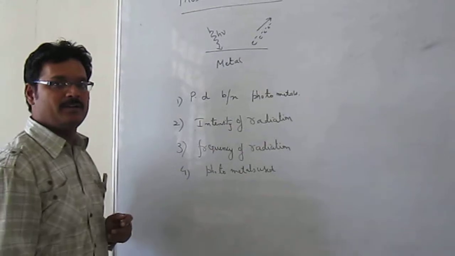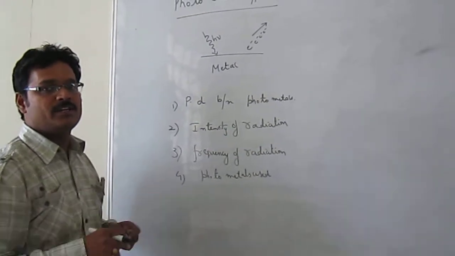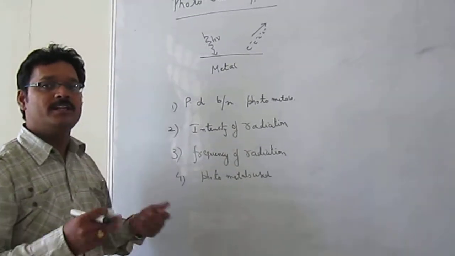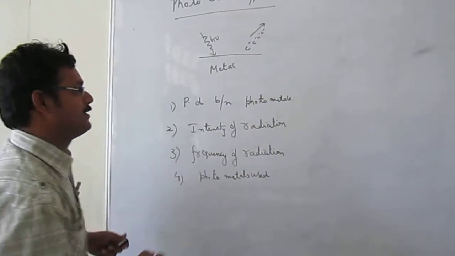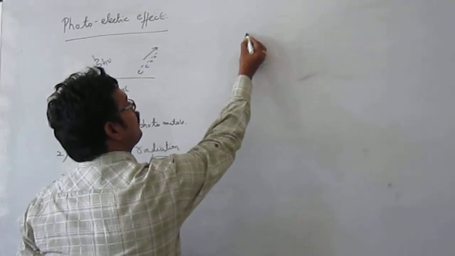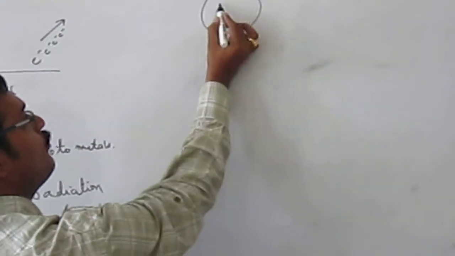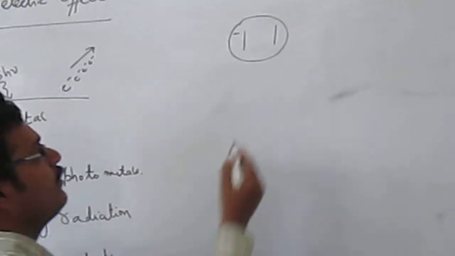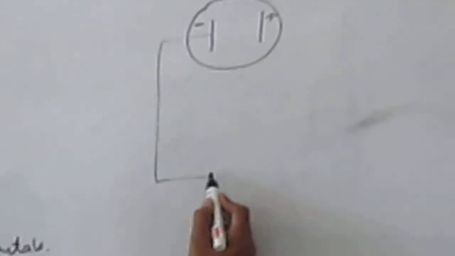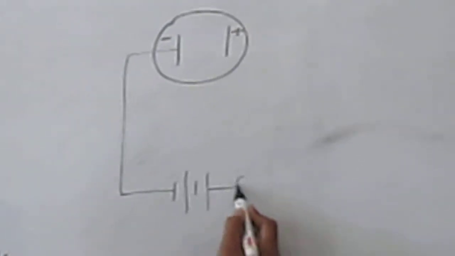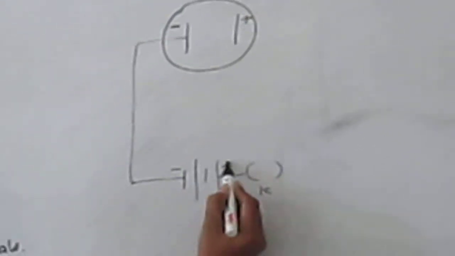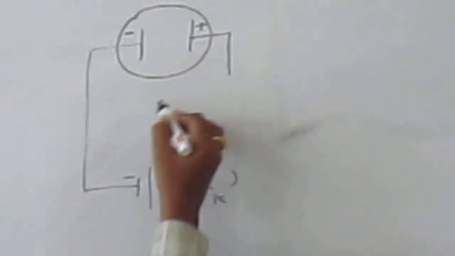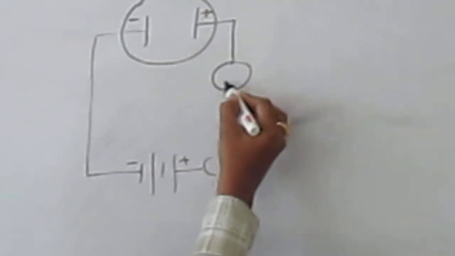So they have an experiment. I am going to show the electric circuit, so you can understand how they did the experiment. The circuit is like this. They have taken a quartz bulb where two metals are placed. One is acting like the negative plate, the cathode, and one is acting like the positive plate, the anode. The negative plate is connected to the negative terminal of the battery, and the positive plate is connected to the positive terminal of the battery through an ammeter.